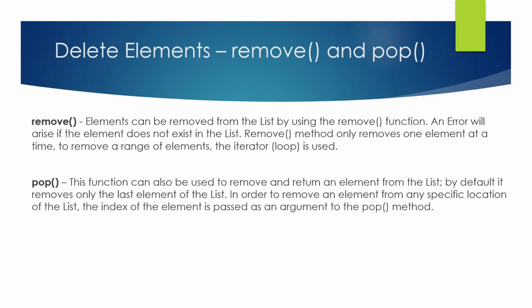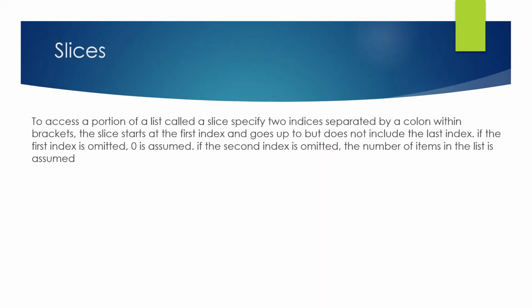I hope you guys have understood how to add an element and how to remove an element. We're going to have a demo of it. But before moving to the demo, we'll talk about slicing or slices. So what exactly is slicing? To access a portion of a list called a slice, specify two indices separated by a colon within brackets. The slice starts at the first index and goes up to, but does not include, the last index.